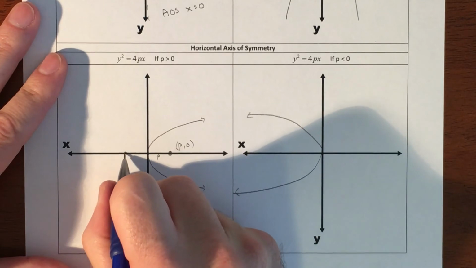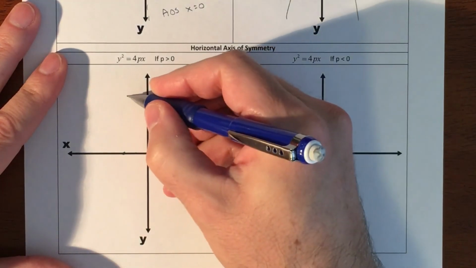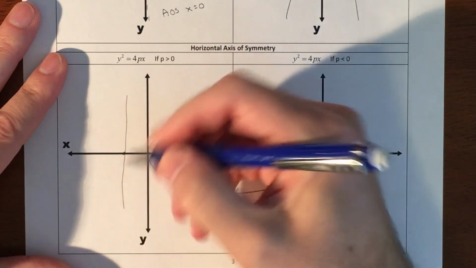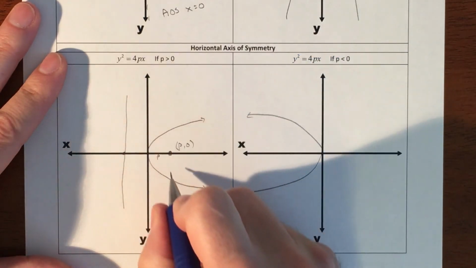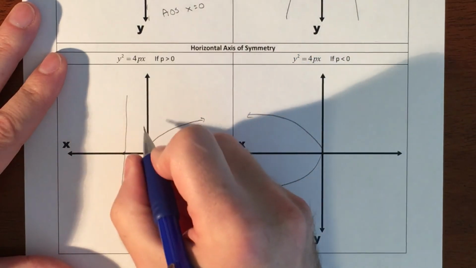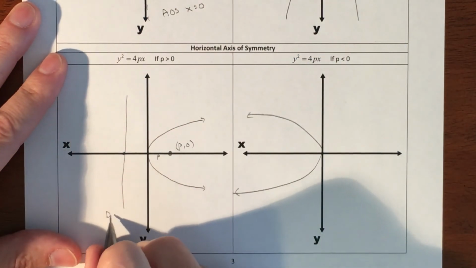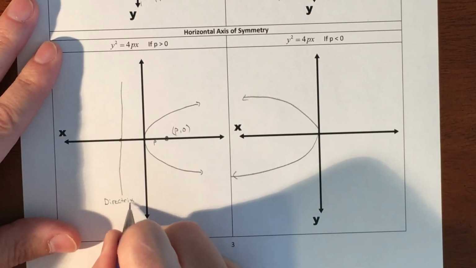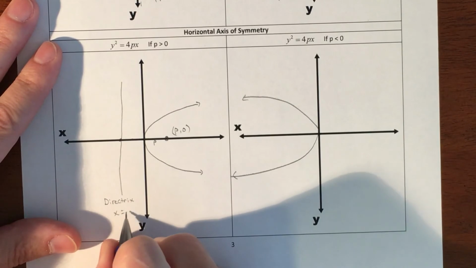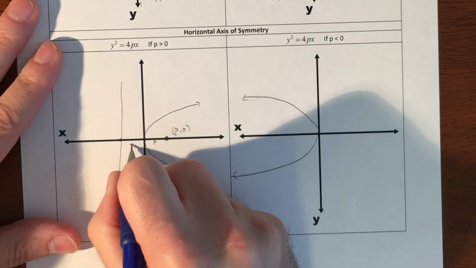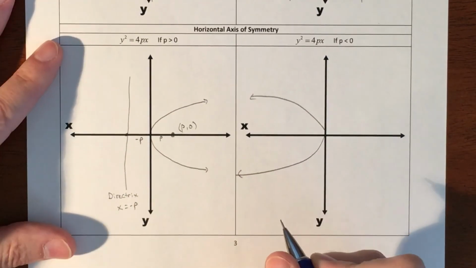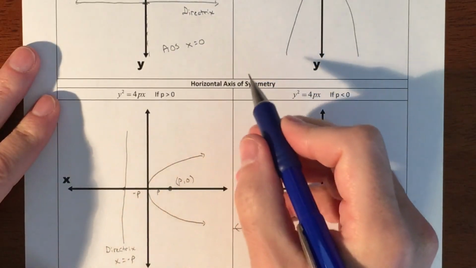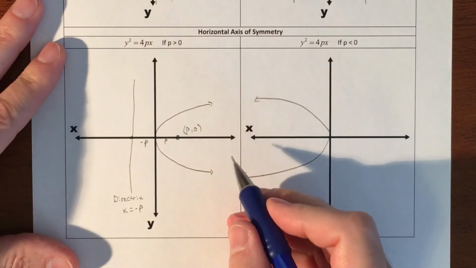And then in this direction here is where your directrix is going to be. And so that one, rather than it being a horizontal line, it's going to be a vertical line. So this is your directrix. And it's going to be an x equals, at least on this one, a negative p, because you'd go in the other direction. So it's going to be an x equals as opposed to a y equals.